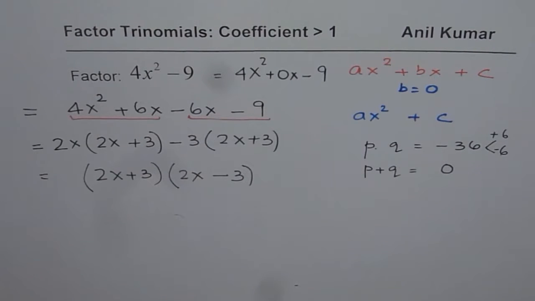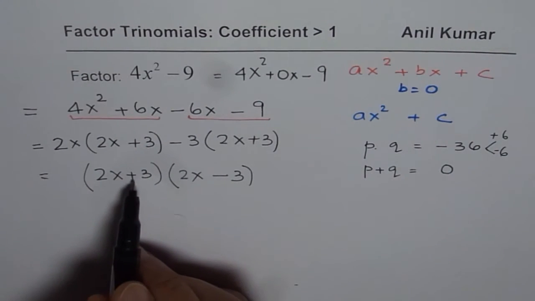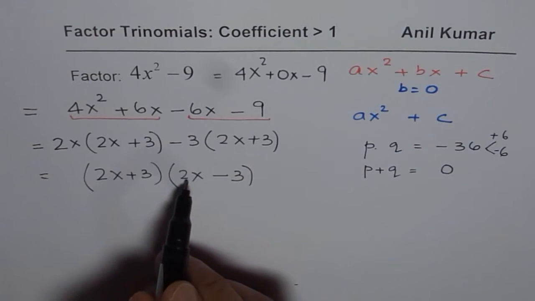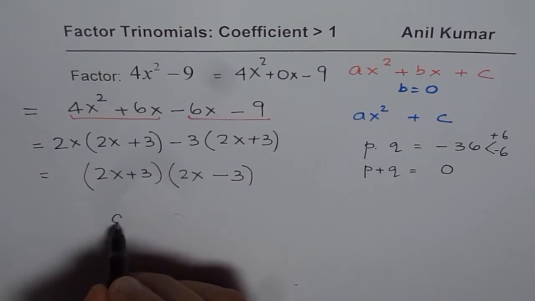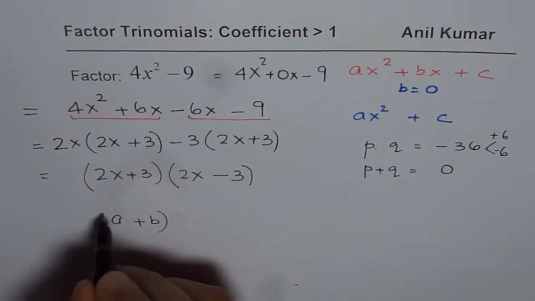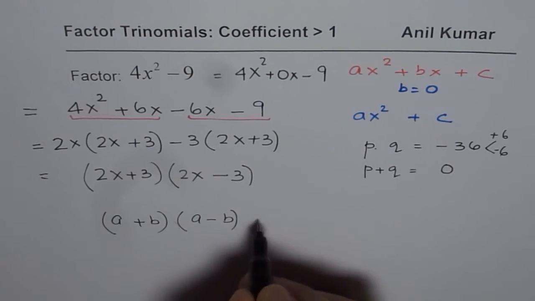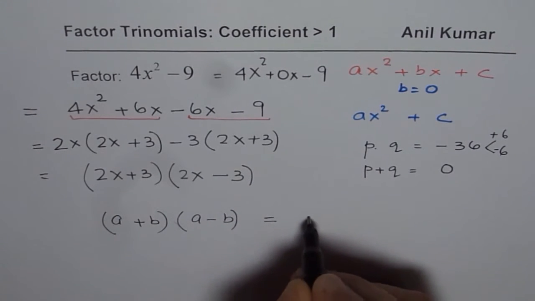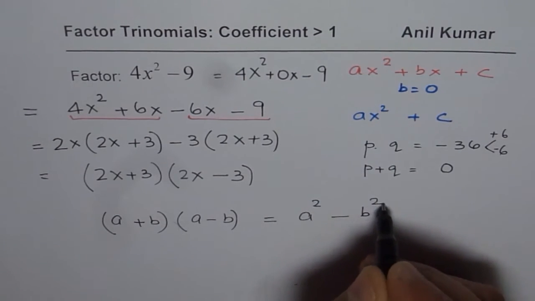In the next chapter, we'll learn difference of squares. That is, you find these two terms as something plus something, and this is something minus that thing. Do you see that? So that is to say a plus b times a minus b. So that kind of factoring will always result in a squared minus b squared.